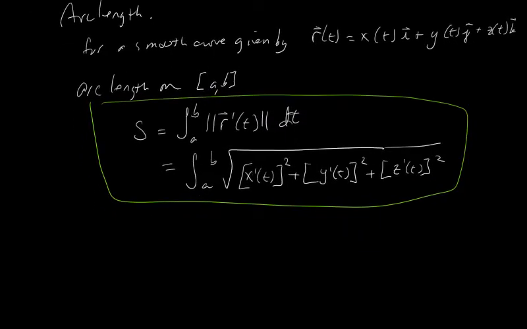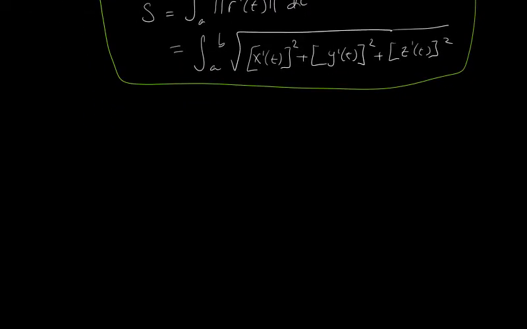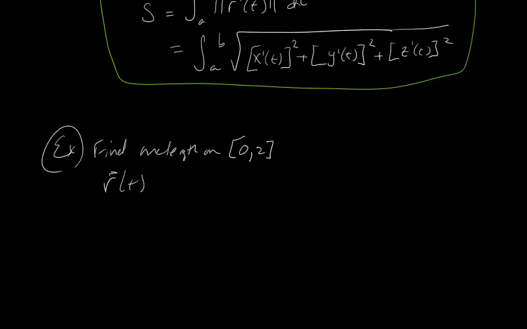So let's do an example with this. Find the arc length on the interval from 0 to 2 for r of t equal to t in the i direction plus 4/3 t to the 3/2 in the j direction plus 1/2 t squared in the k direction.